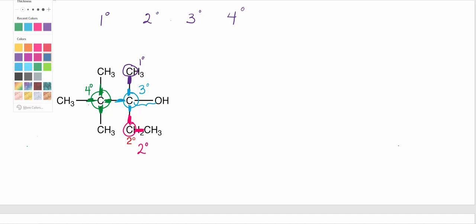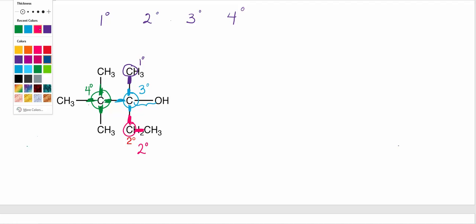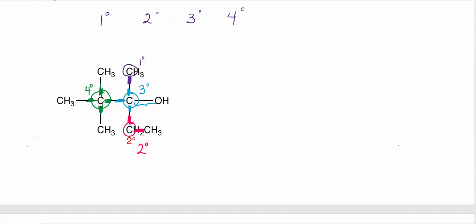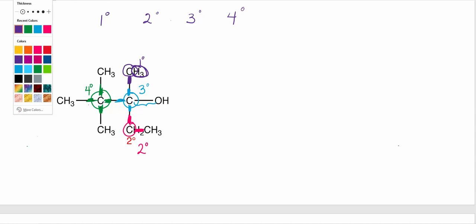Now, like carbon, our hydrogen atoms can be primary, secondary, and tertiary. You will not have a quaternary hydrogen atom. That's because the order of the hydrogen atom is related to the carbon that it's bonded to. So these hydrogen atoms are primary hydrogen atoms because they're bonded to a primary carbon.